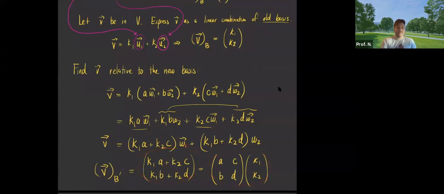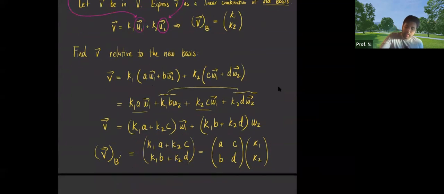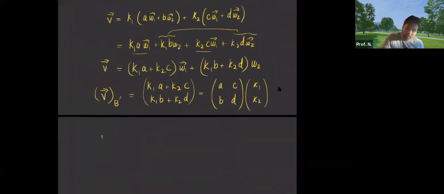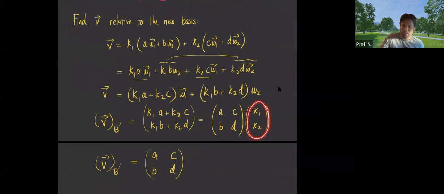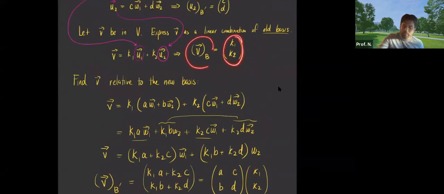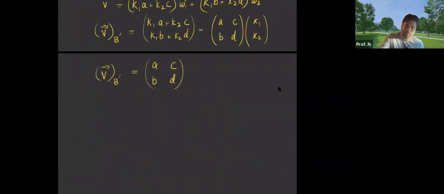They're the same? Okay. Now, let's do a few more things. So this V relative to B prime is equal to the matrix A, C, B, D times K1, K2. But wait a minute, what was K1, K2? The relative coordinate vector with respect to the old basis. So look what we discovered.